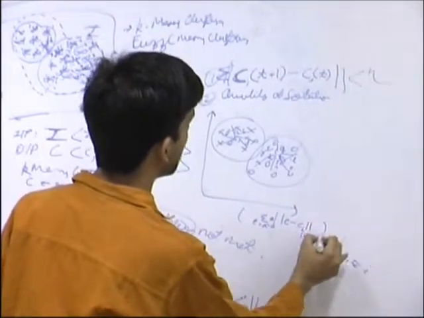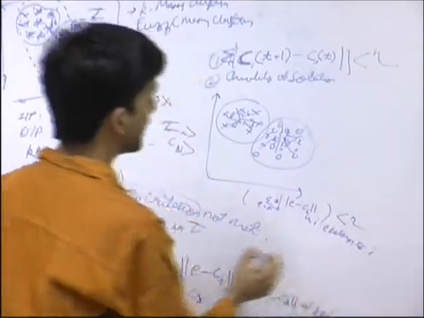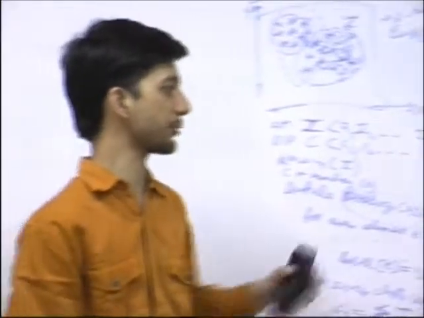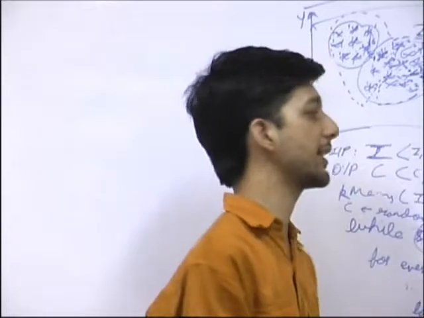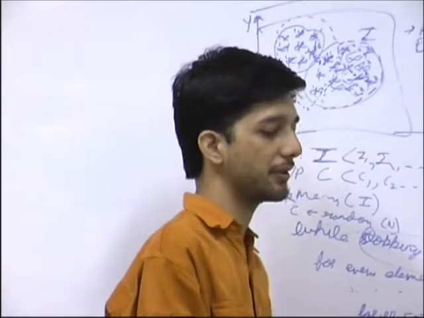This number has to be minimal, and if it is less than eta, or any other threshold, I say my clustering can entirely stop.